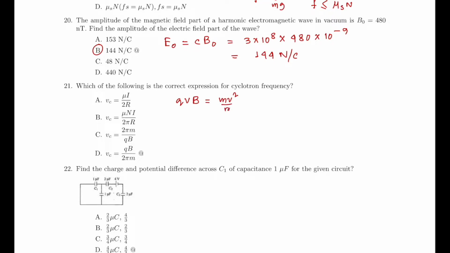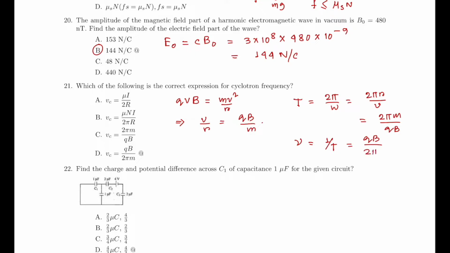And from here you can calculate v by r as qB by m, and we know the time period is 2 pi by omega, that is 2 pi r by v. So this is 2 pi m by qB. So frequency is 1 by T, which is qB by 2 pi m. Option D.